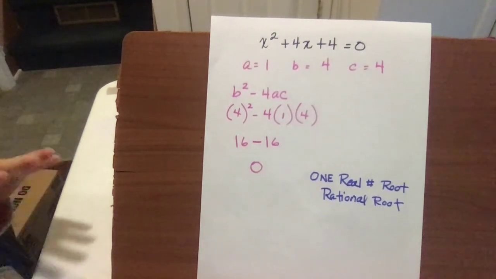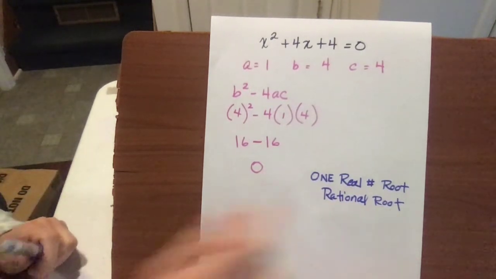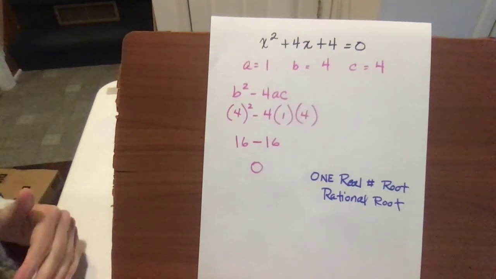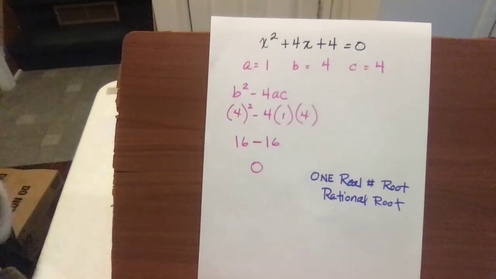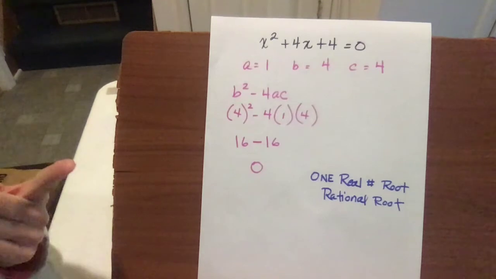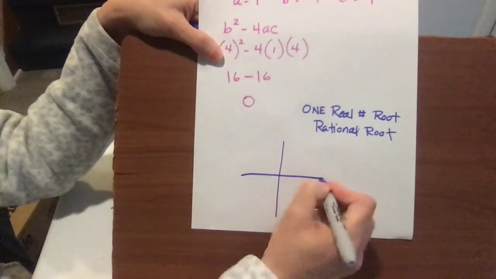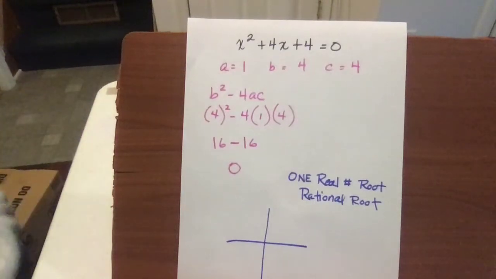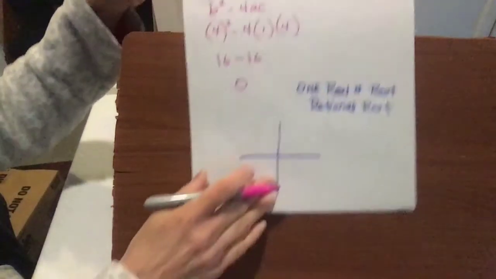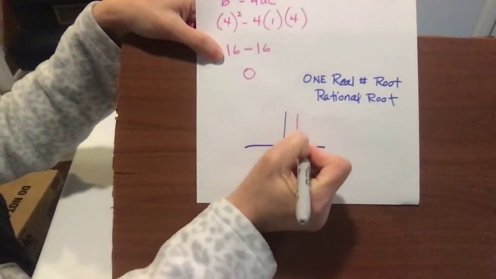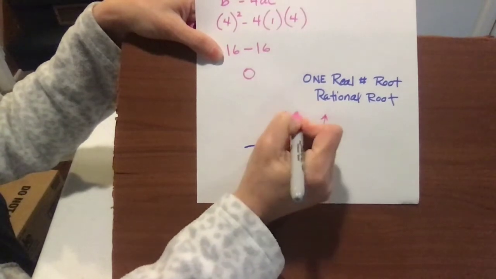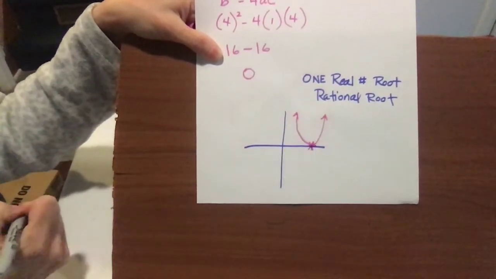Okay? So all this means for us is that where our parabola will cross the x-axis, there is going to be only one solution for the x-intercept. In other words, this parabola has a vertex that will sit on the x-axis. This would be our one real root right there.